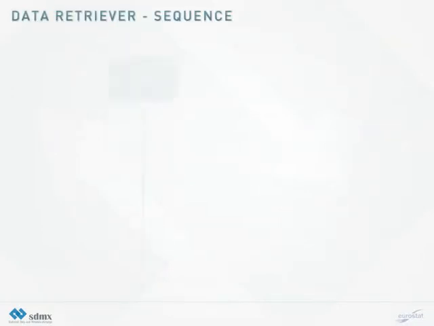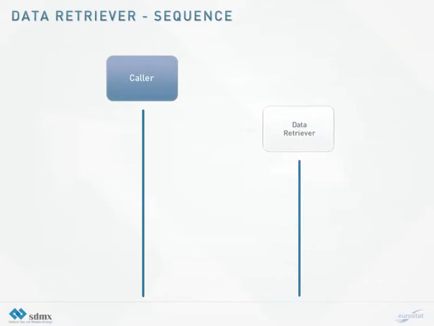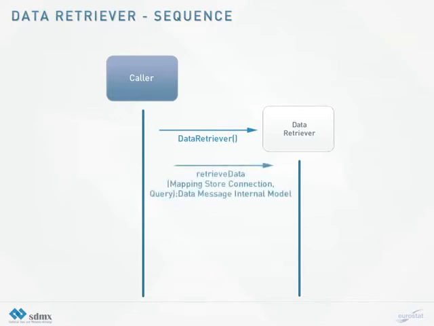The caller initiated the sequence with an instance creation using the method dataRetriever without parameters. The query in the internal model format is passed to the data retriever calling the method retrieveData. The mapping store connection is provided as parameter.